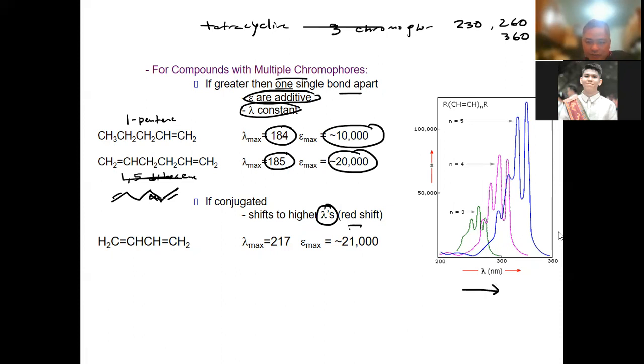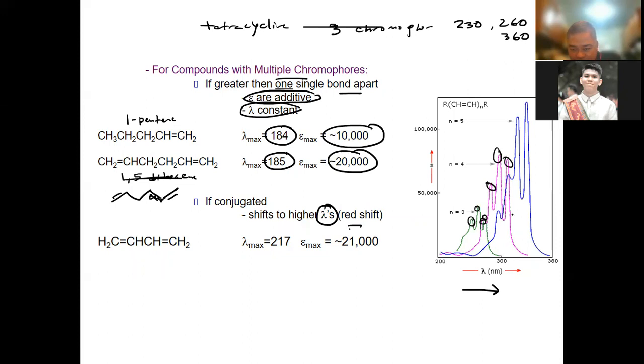So if we look at the example that we have here, you could see this sample has how many chromophores? You have 1, 2, 3 chromophores. The violet one, you have 1 here, 1 here, 1 here, 1. That's 4 chromophores.